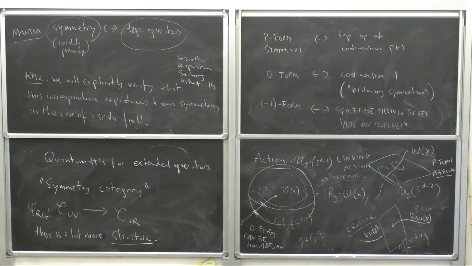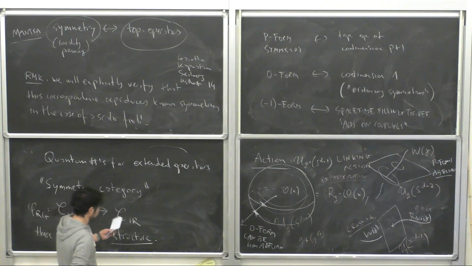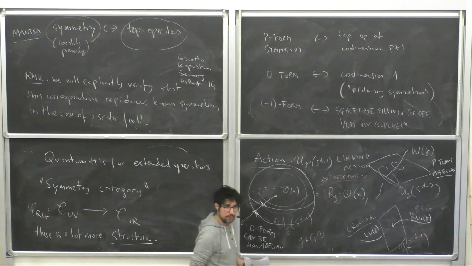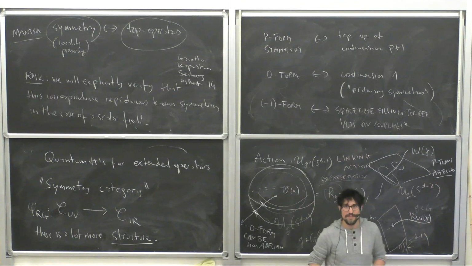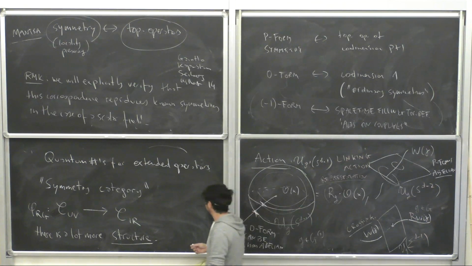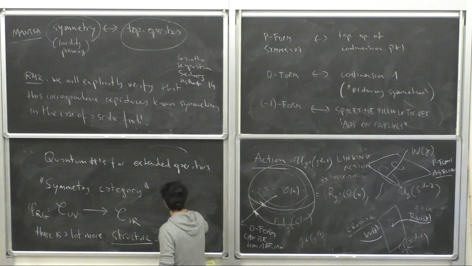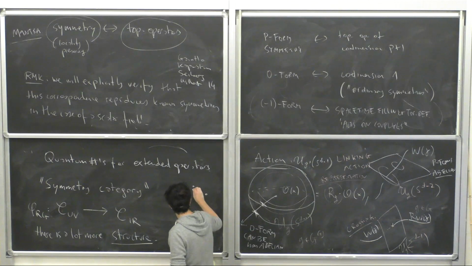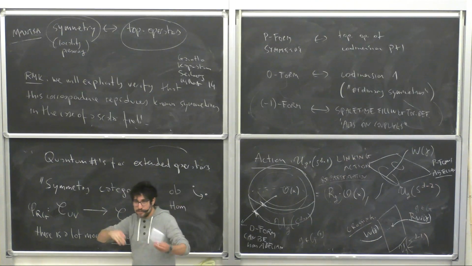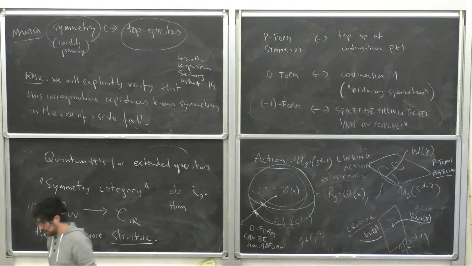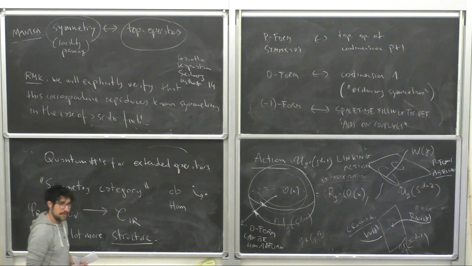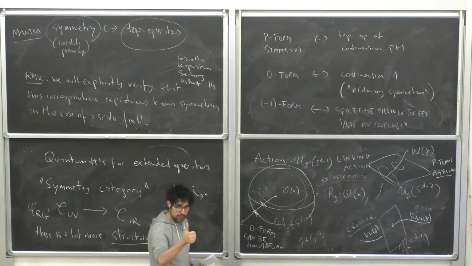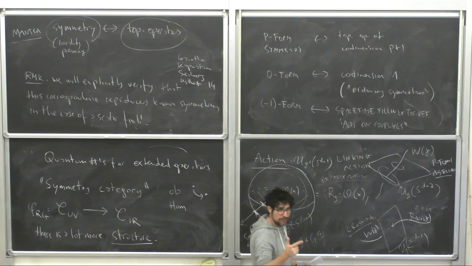To illustrate how much more structure there is, how do you think about a group in terms of categories? What is a category? Categories are a collection of objects and a collection of morphisms. Morphisms are just maps between the objects. So a group is a category that has only one object and whose morphisms are all invertible.